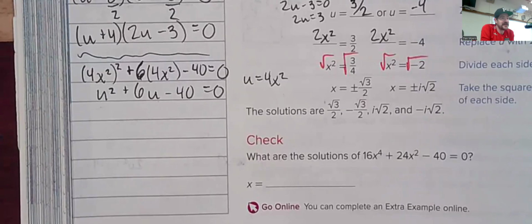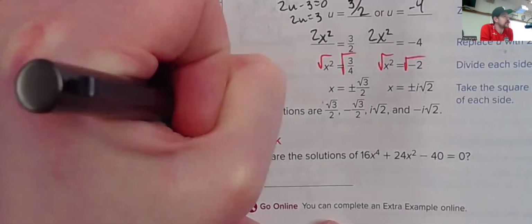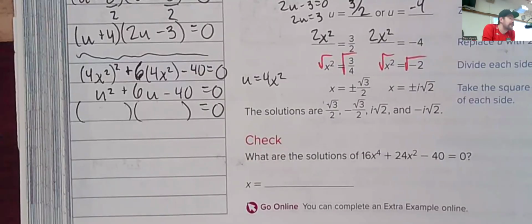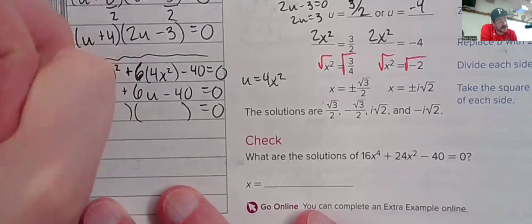Multiply to negative 40 and add to 6. It's tricky to figure out where the negative is, but yeah, 10 and negative 4.